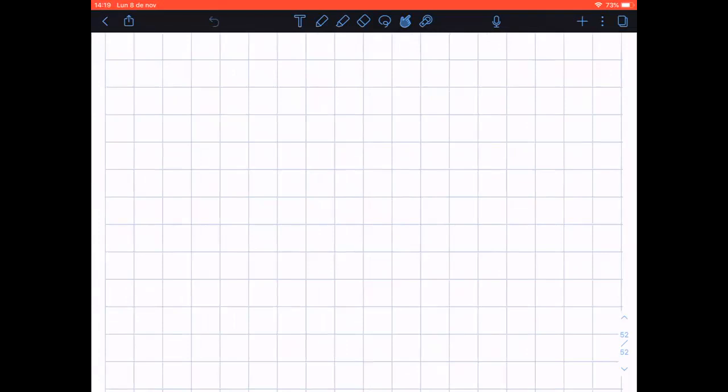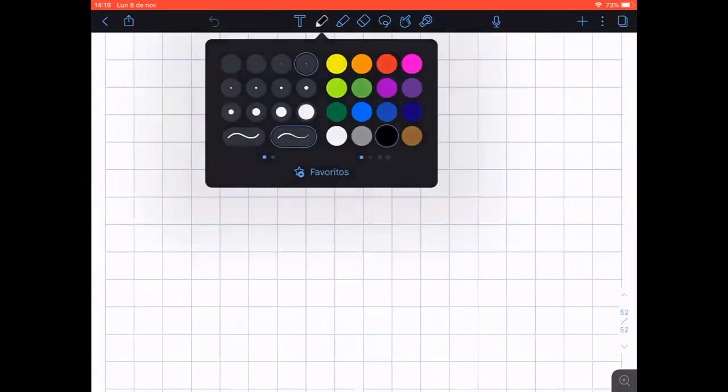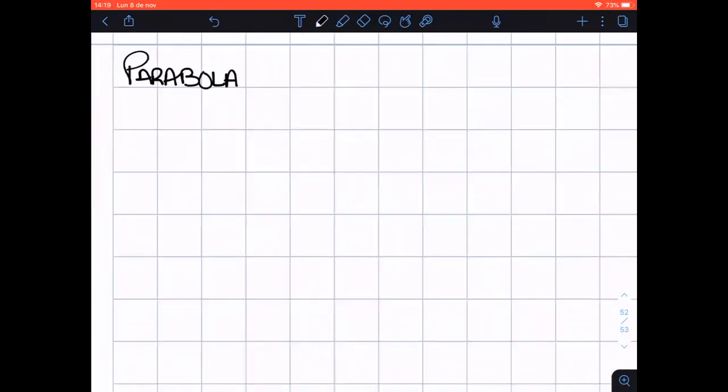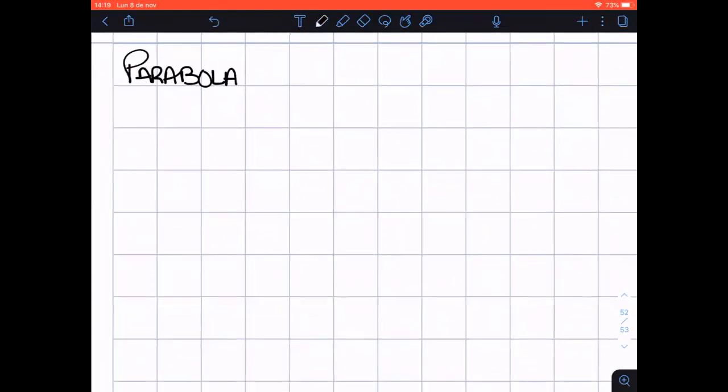Okay, guys, so for today's topic, what we're gonna see is the parabola. So let me begin with the title right here, parabola. As you have seen, the parabola is a U-shaped curve, something like this.